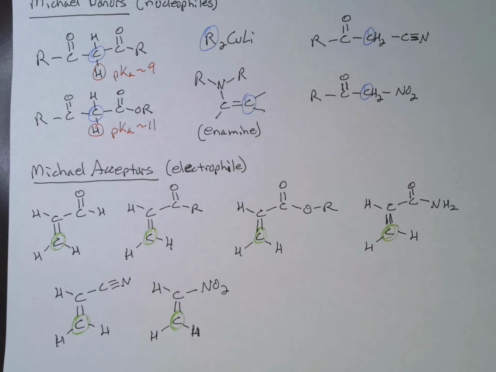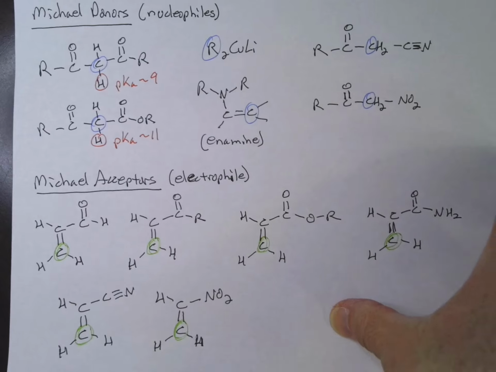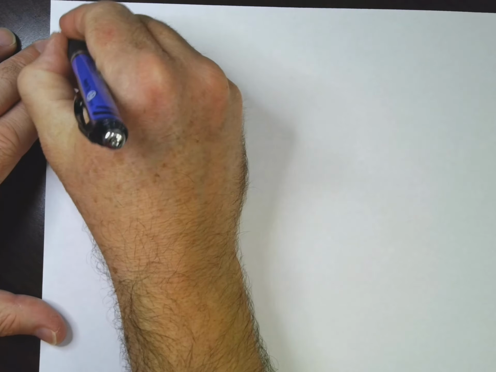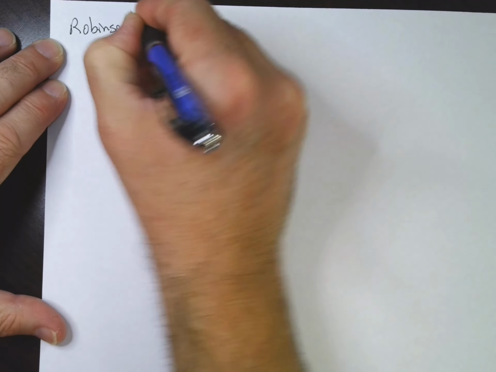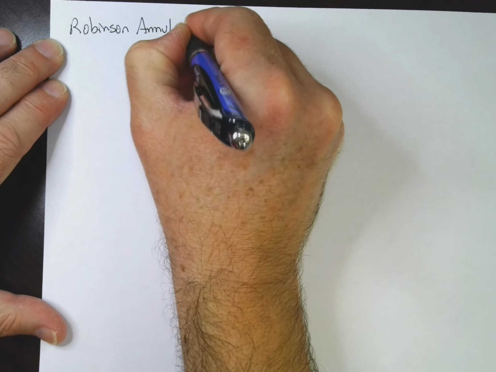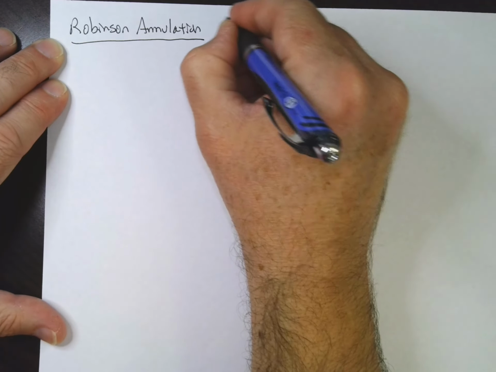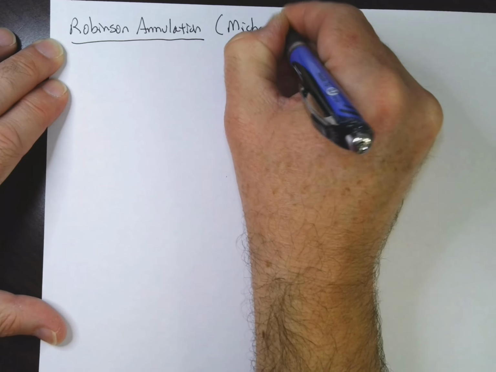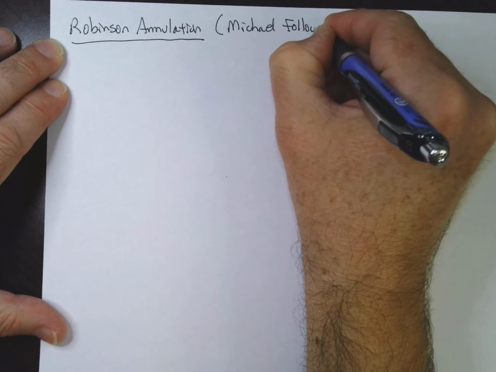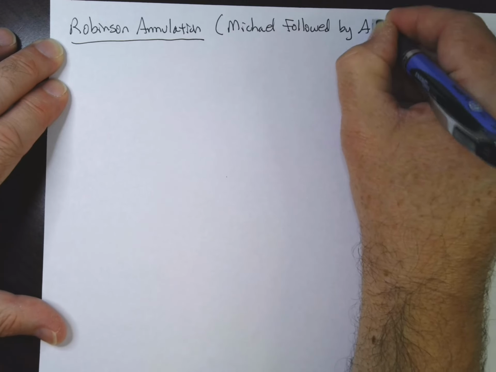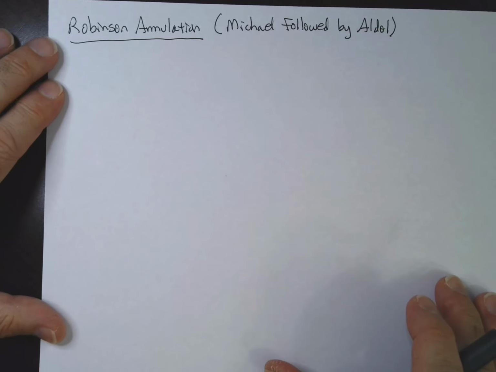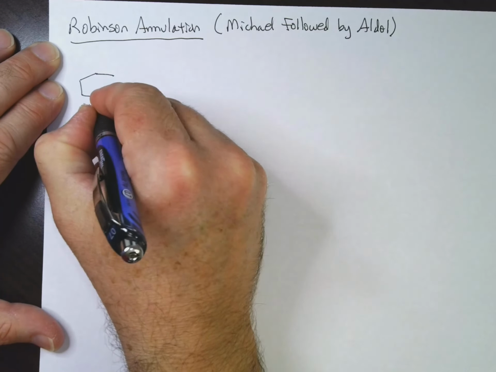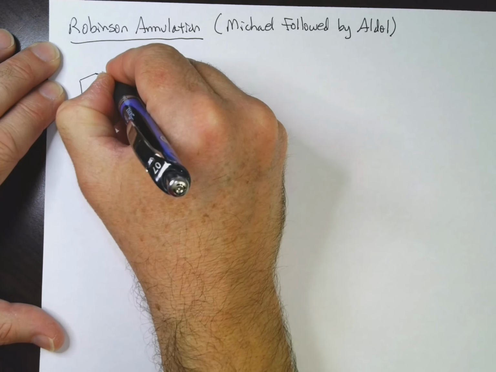All right. Now there's one more thing I wanted to talk about in this lecture video, and that is the Robinson annulation. And the Robinson annulation is actually a combination of a Michael and an Aldol reaction. And so our overall reaction would be something like this.